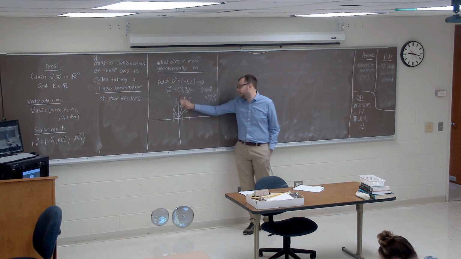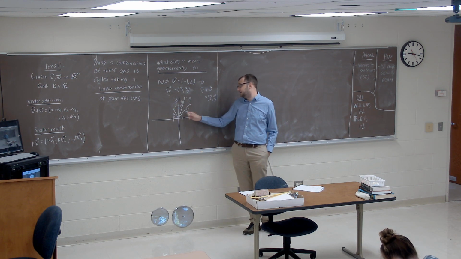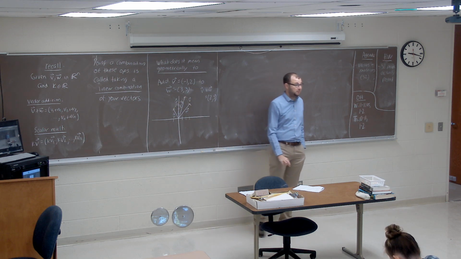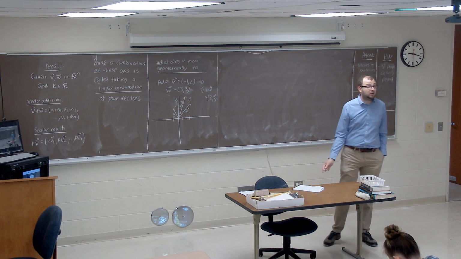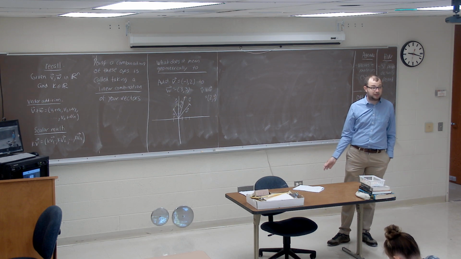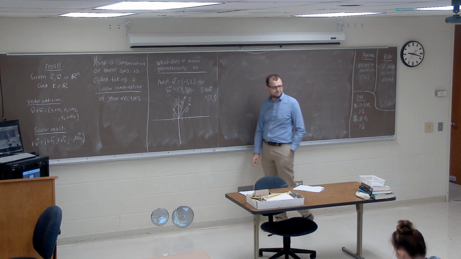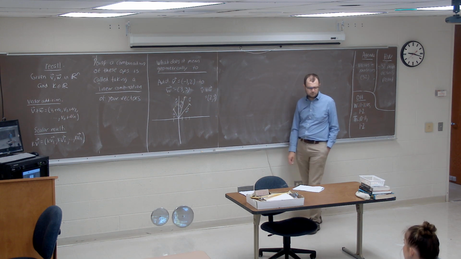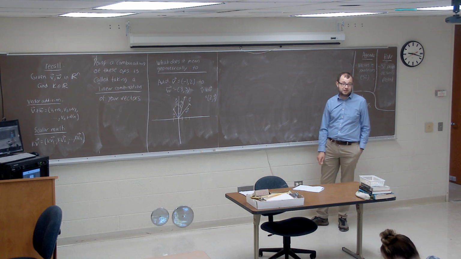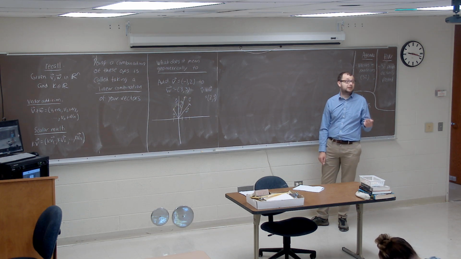You have two pairs of parallel sides corresponding to v, and another pair of parallel sides corresponding to w. And the diagonal of that parallelogram corresponds to v plus w. So that's what it means to add vectors together: going tip to tail, one vector to another, forming the diagonal of a parallelogram.